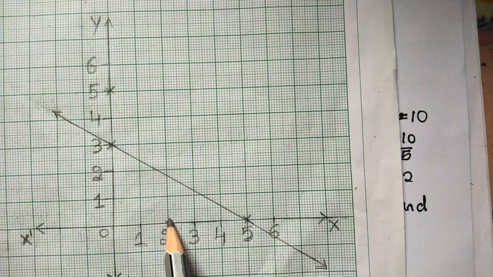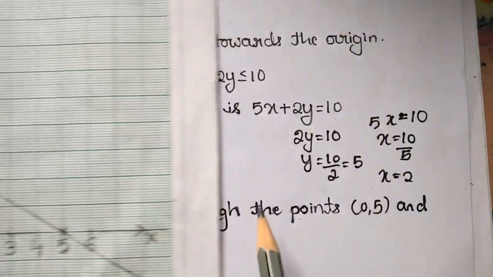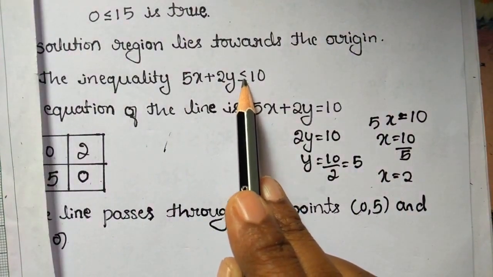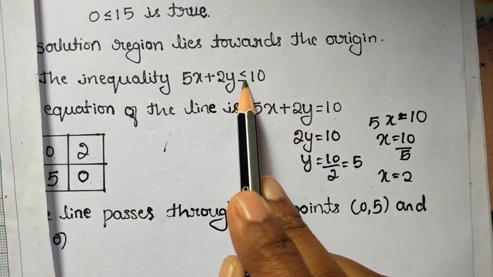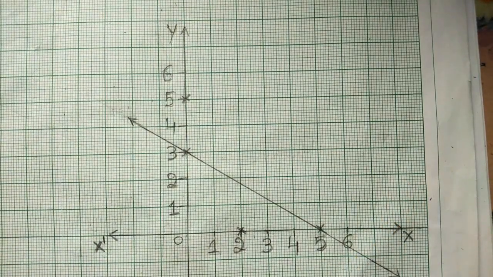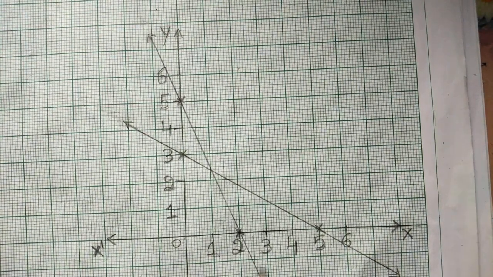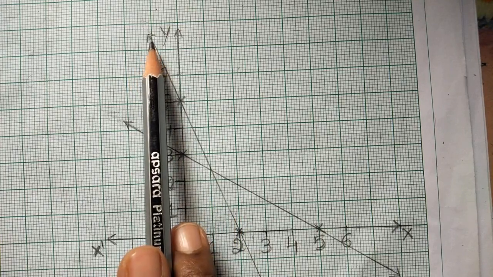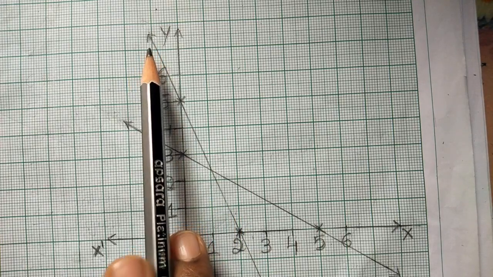This is the point. Also, the inequality is a slack inequality. The line is also included, so we draw a solid line. Now I will draw the line joining these 2 points. I have drawn the second line and marked the arrow, which says that the line extends up to infinity.